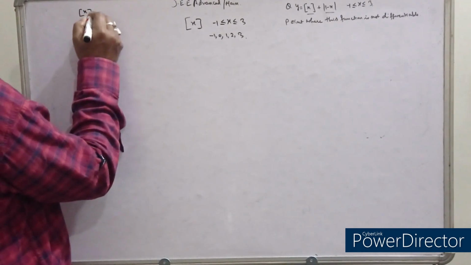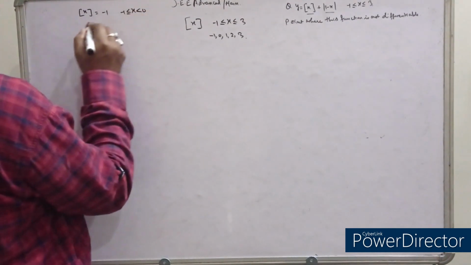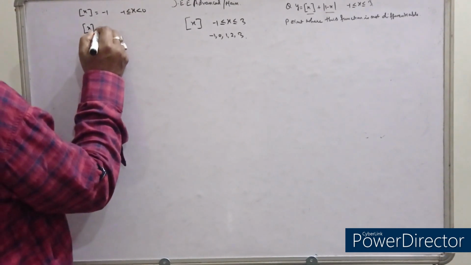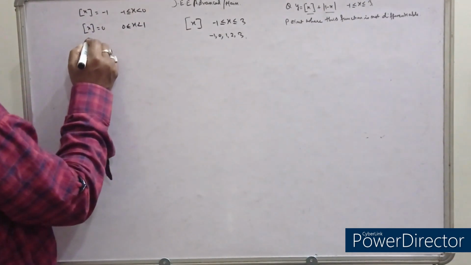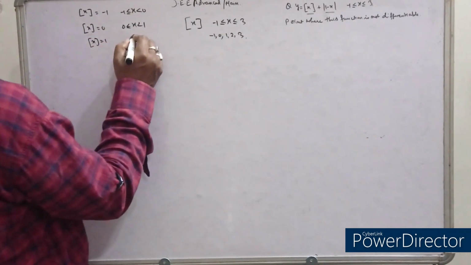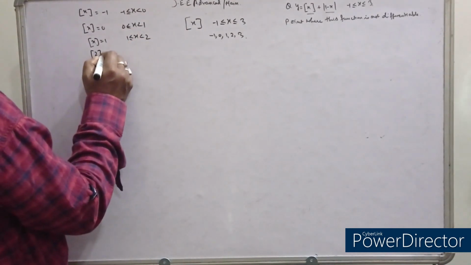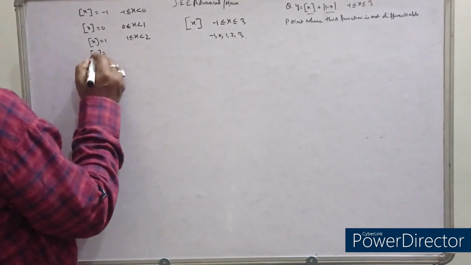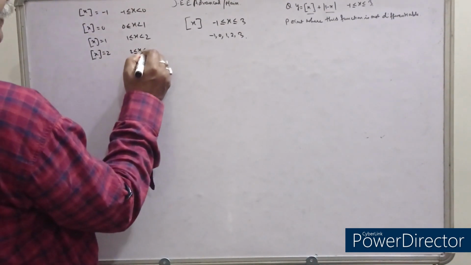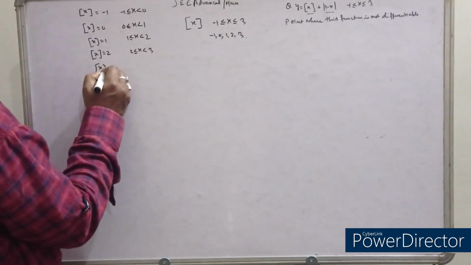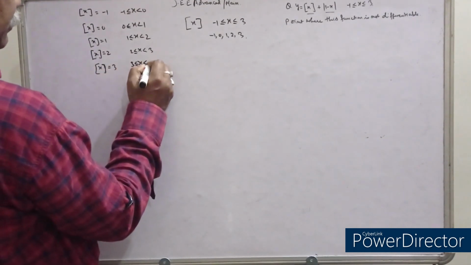For the greatest integer equal to -1, x will be greater than or equal to -1 and less than 0. For 0, x will be greater than or equal to 0 and less than 1. For 1, x will be greater than or equal to 1 and less than 2. For 2, x will be greater than or equal to 2 and less than 3. And for the greatest integer equal to 3, x will be greater than or equal to 3 and less than 4.